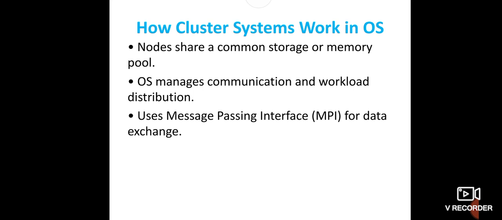And then we have to learn about the working structure of the cluster in the OS. The nodes share a common storage or memory pool. That is, each computer or node in the cluster is interconnected and used to share the resources efficiently.